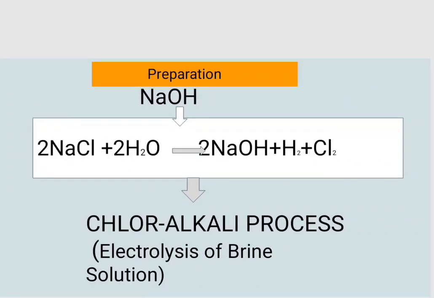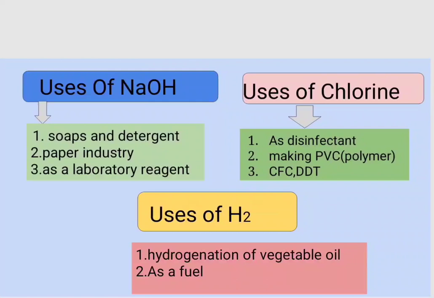First of all, let's study preparation. Preparation of NaOH: normal salt plus water, by the chloralkali process, electrolysis of a brine solution. Here we get NaOH, H2 and chlorine gas also. These both gases are very useful.